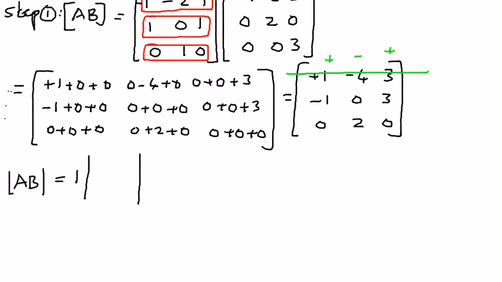Whatever is left, those are going to be the minors of that element. So the minors of element 1 are going to be 0, 3, 2, and 0. Since we have the sign convention, we need to use that sign convention there.